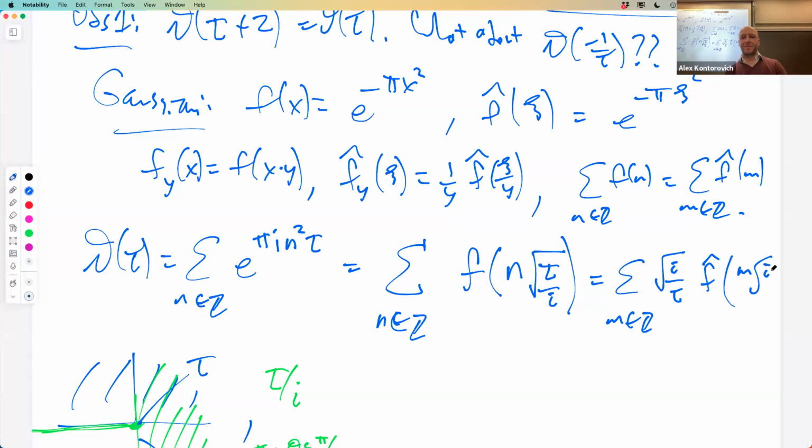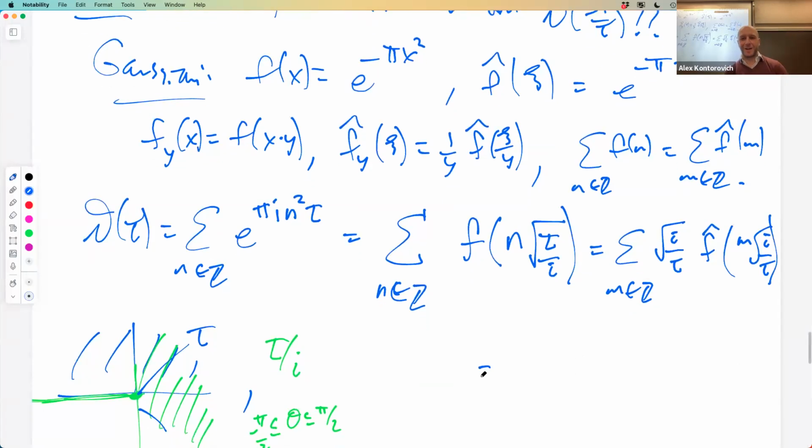So that's again times root i over tau. So what is that? There's this factor of root i over tau in front, and then a sum over m in Z. f hat is just f, e to the minus pi x squared. And I get e to the minus pi m squared i over tau.